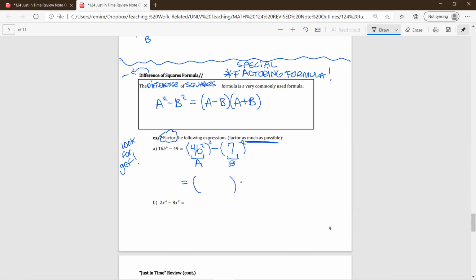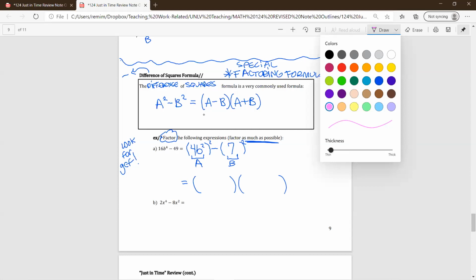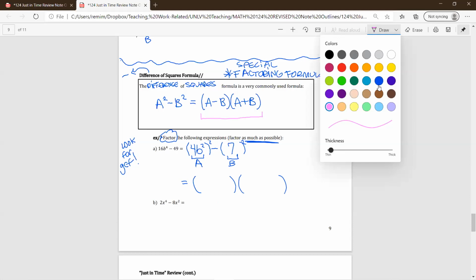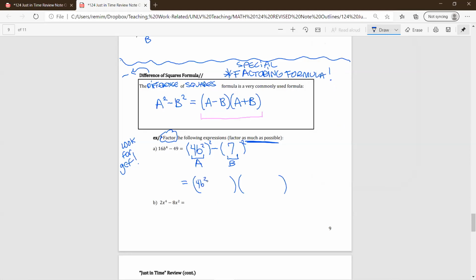So now all I'm going to do is put it in this form here. I'm going to do parentheses, parentheses, a minus b, and then a plus b. So my a is 4b squared, and then I have a minus, and then my b is 7, and then over here I have a plus b.